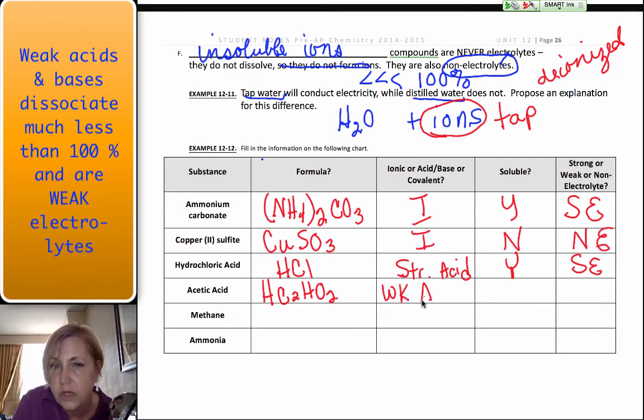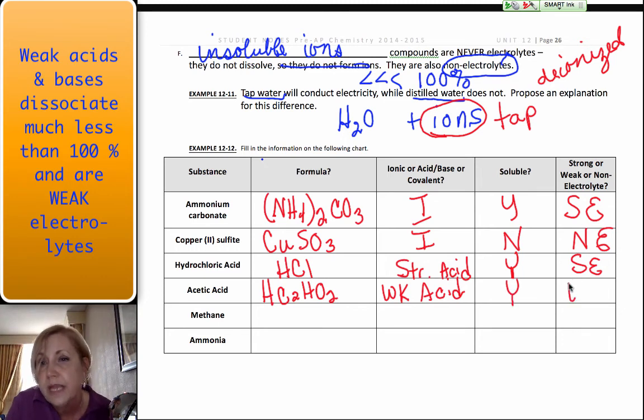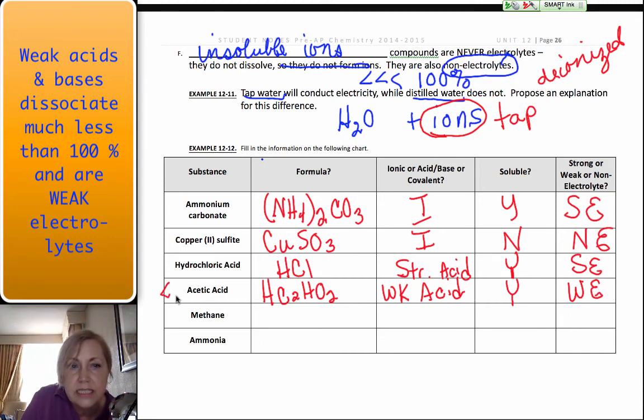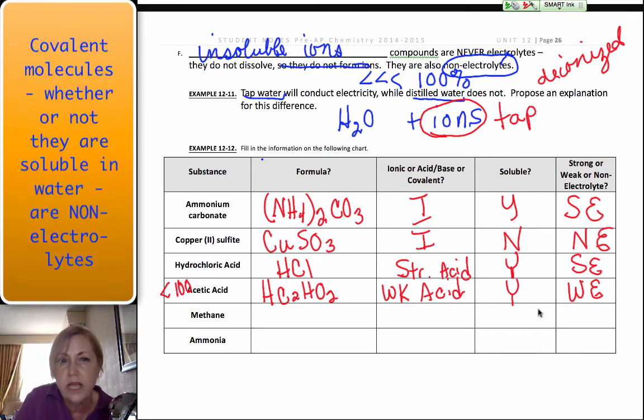It's not one of your strong ones that you memorize. It is very soluble in water, but because it's a weak acid and dissociates less than 100%, we call that a weak electrolyte.